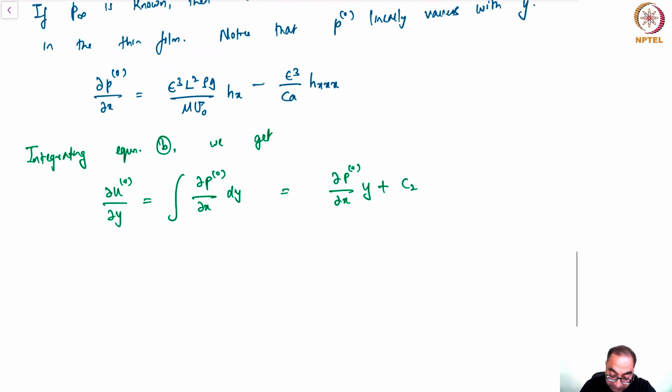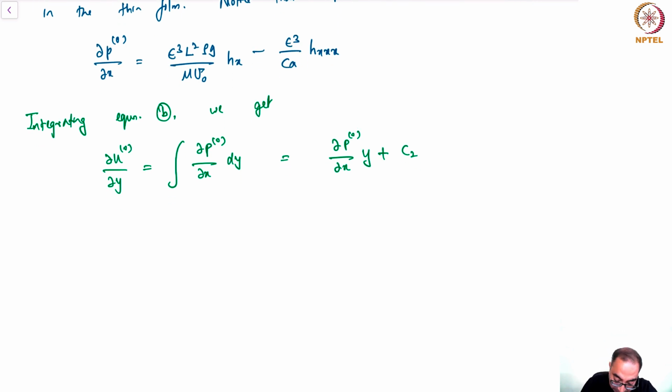The reason for this is, if you notice the expression that I have, del p0 by del x does not depend on the variable y at all. So it comes out of the integration, and the integral of dy just becomes y. I have a constant C2.